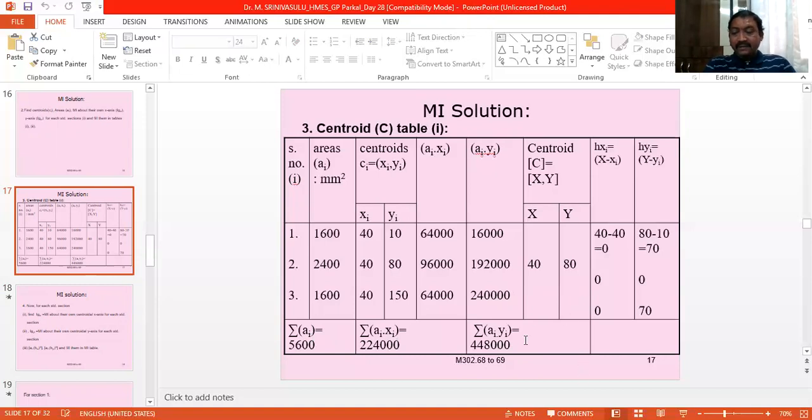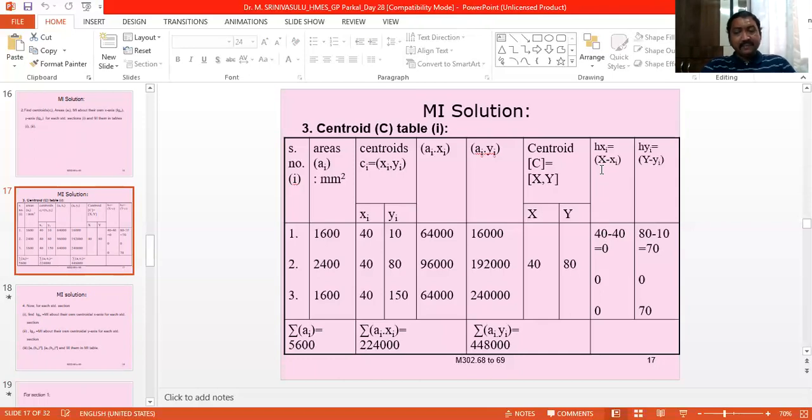Now this is the difference between the x coordinate and x1. For all of these, because the given figure is symmetrical about the y-axis, the x coordinates of the individual figures, that is rectangles 1, 2 and 3, and also of the whole figure, will be lying on the same line, the same central axis.